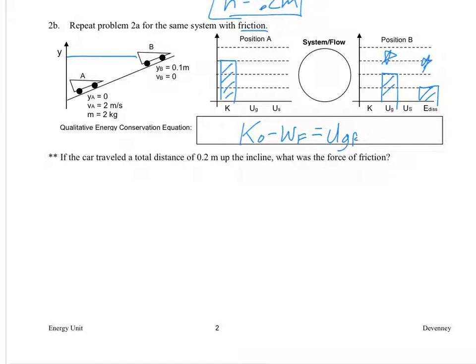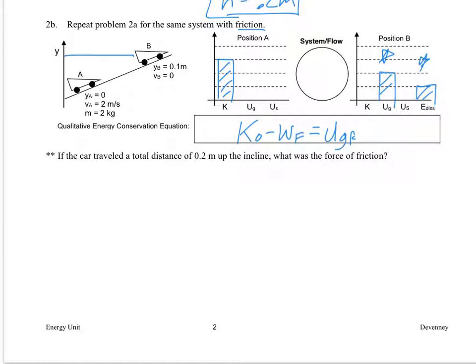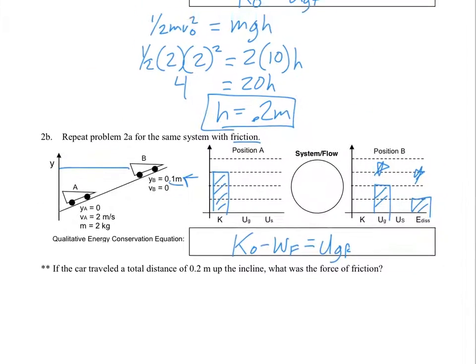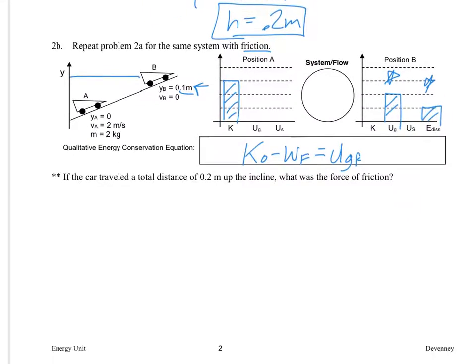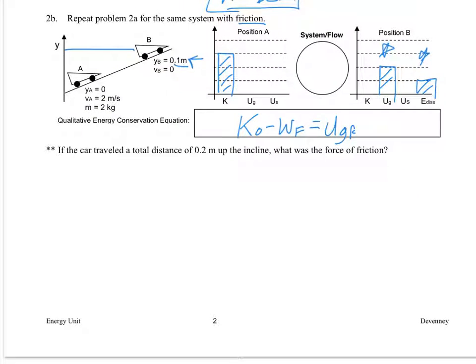Well, for the sake of the problem, when I started adding these values in here, you're going to see that I actually changed that height. You see that up in 2a, it reached a height of 0.2 meters. Well, now I'm saying it only gets to a height of 0.1 meter, and that velocity stays the same. So I kind of changed it a little bit from what we talked about in class.